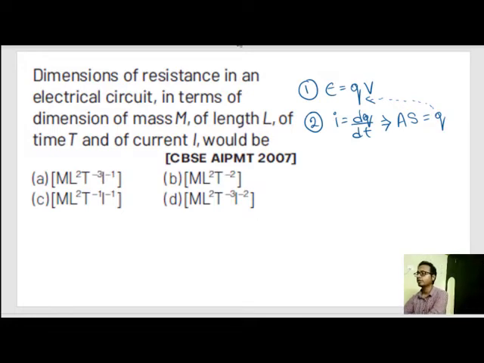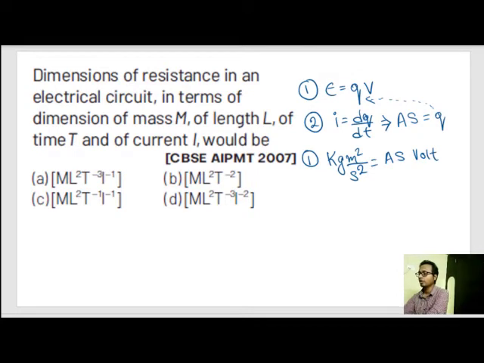What do we get? If we substitute the dimension of charge from equation 2 into equation 1, we get the dimension of energy is equal to the dimension of charge into the dimension of volt. So what is the dimension of energy? The unit of energy is kg meter square per second square, which is equal to the dimension of charge, A S or ampere into second, into the dimension of volt.